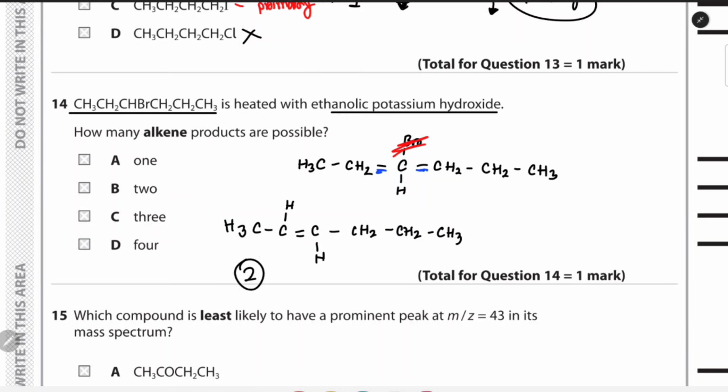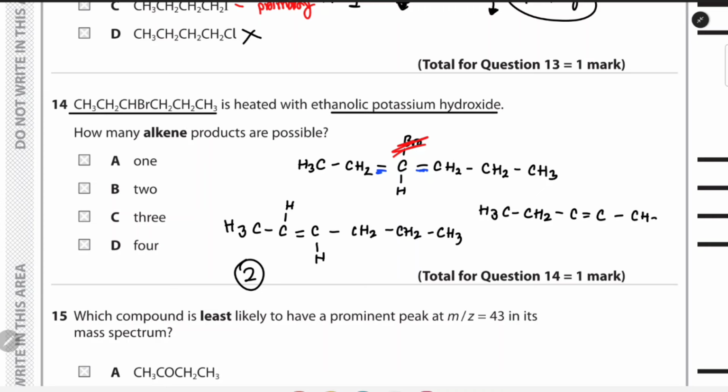So 2 from here, and if the double bond is over here, we'll have hex-3-ene, a straight chain of 6 carbon with the double bond on the third carbon. H over here, H over here. We can have an E or a Z isomer here as well. So 2 more from here.